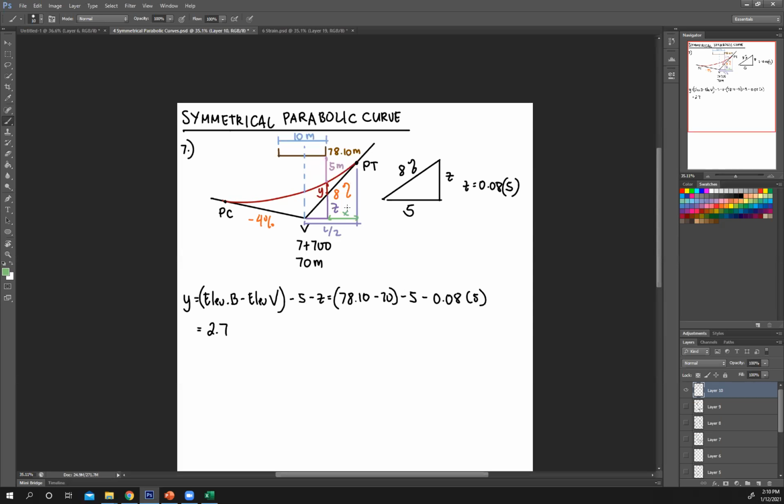To get x, it's just L over 2 minus this length, which we already know to be 5.